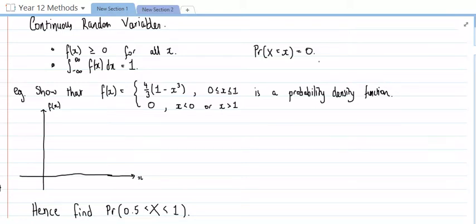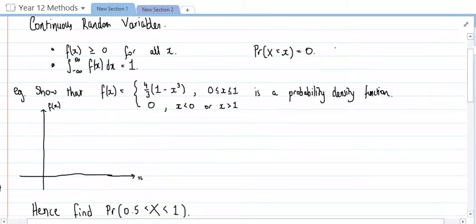So the probability of getting one individual value, for example 3, is going to be 0, because we could alternatively have 3.000000001, or we could have 2.999999999 and so on. They would be infinitely close to 3, but they wouldn't actually be 3. So that's the reason that we have a probability of 0. Basically, there's an infinite number of options.